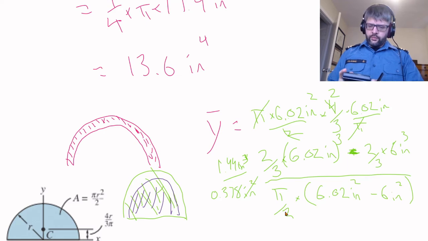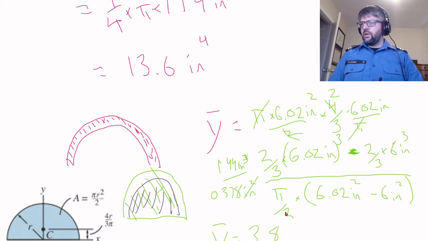So 1.44 divided by 0.378 gives us a y bar equal to 3.82 inches.